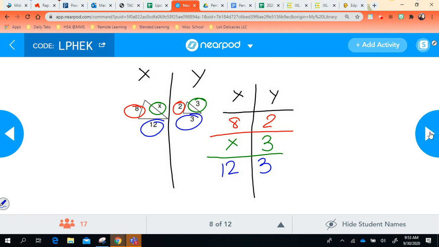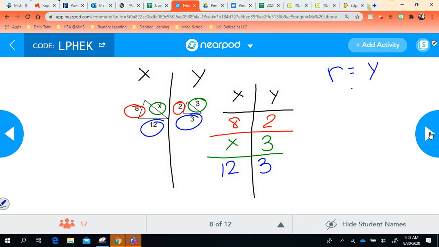What do I need to solve for first? And that was the X. Before my X, I need to solve for something else. I need to solve for my scale factor. Say it with me. Scale factor.